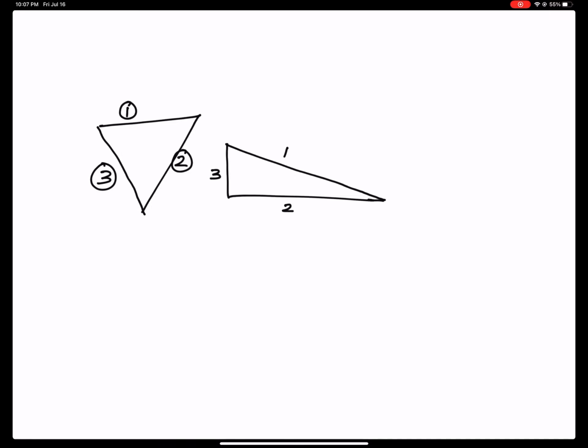The second shape, 1 side, 2 side, 3 side. Even though they look different, they are both triangles since they have 3 sides and 3 angles.